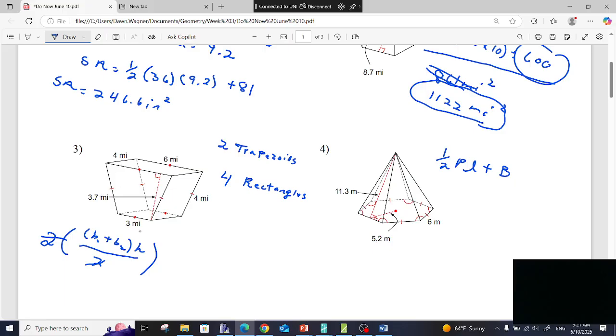For the trapezoid, your base 1 would be the 3, your base 2 would be 6, your height would be the 3.7. So 3 plus 6 times 3.7, which is 9 times 3.7.